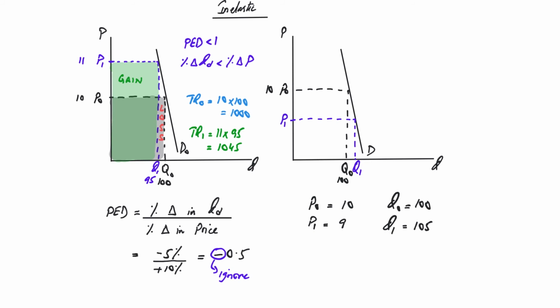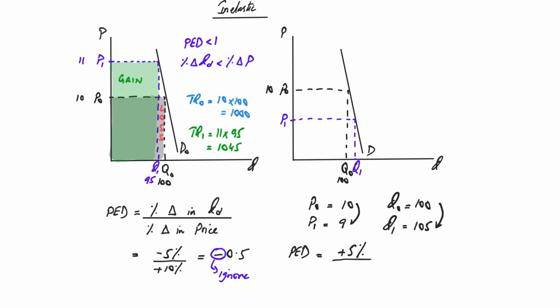Let's see what's the percentage changes here. I'm going to use my PED formula, which is percentage change in quantity demanded. So going from 100 to 105, that is an increase by 5%.